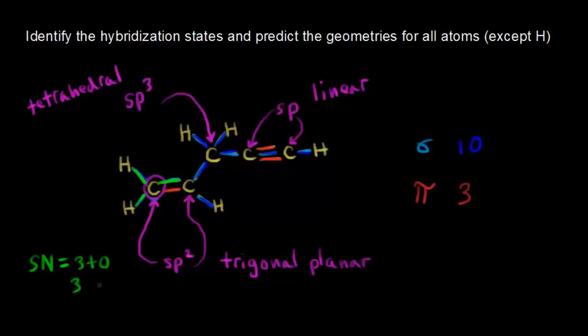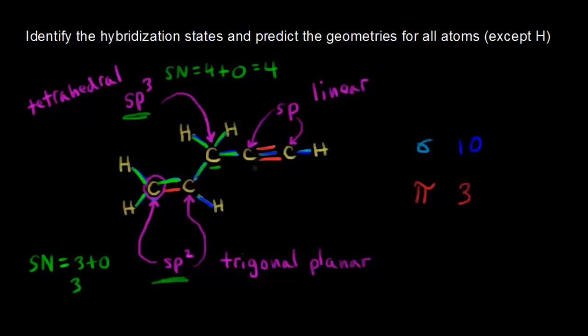Therefore, I need 3 hybrid orbitals, and sp2 hybridization gives me 3 hybrid orbitals. All right, if I wanted to do it for this carbon, I would have 1, 2, 3, 4. Right, so the steric number would be equal to 4 sigma bonds and 0 lone pairs of electrons, giving me a total of 4 for my steric number. So I need 4 hybrid orbitals. I have 4 sp3 hybridized orbitals at that carbon.